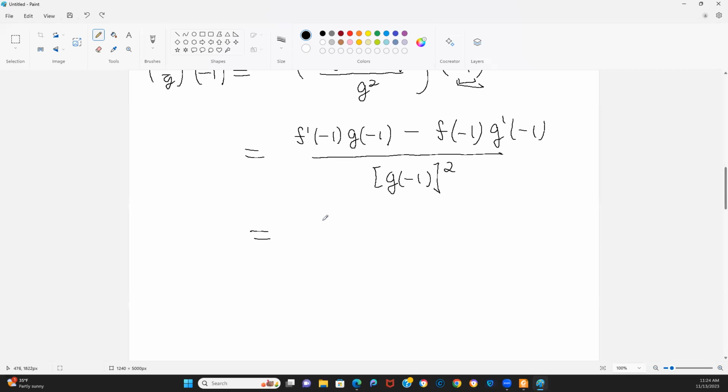So we're going to do f prime of -1, that's 3, times g of -1, that's -2, minus, so we don't get 0 overall, minus f of -1, which is 1, times g prime of -1, which is 0, all over g of -1, which is -2, and that's squared.